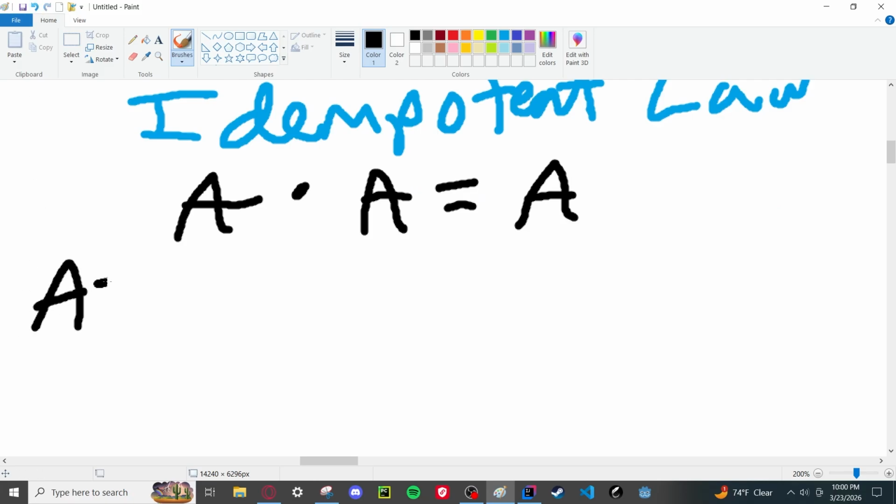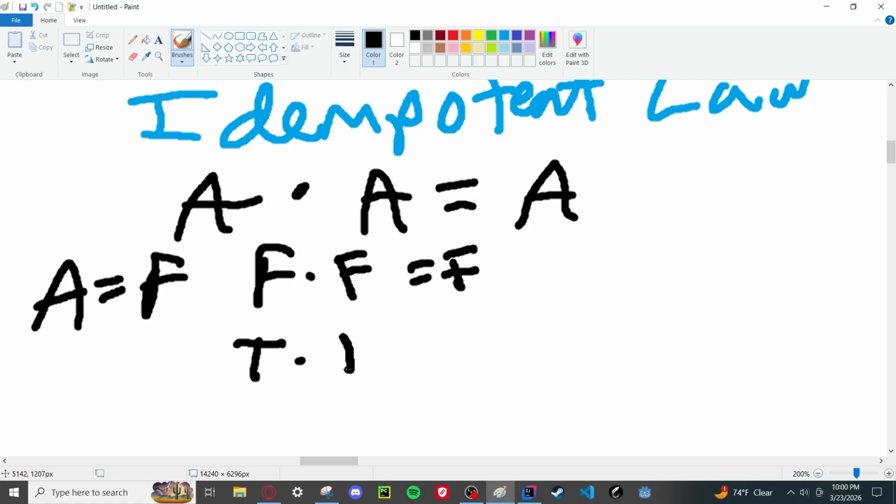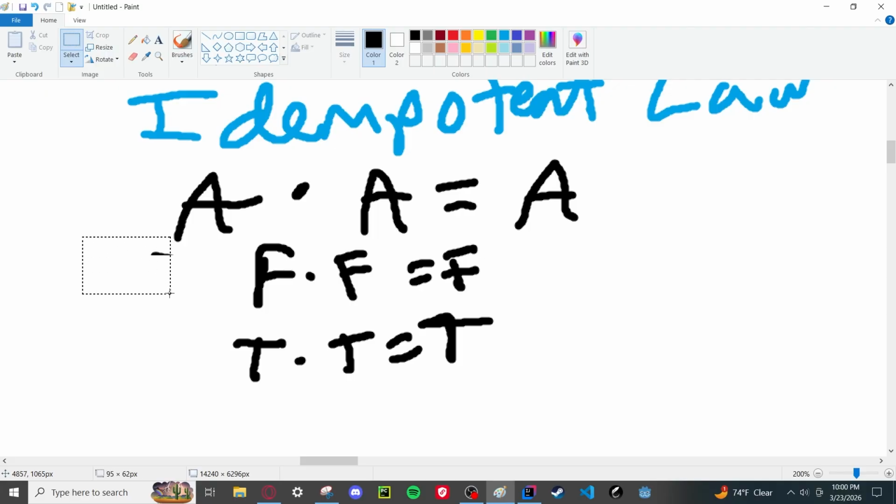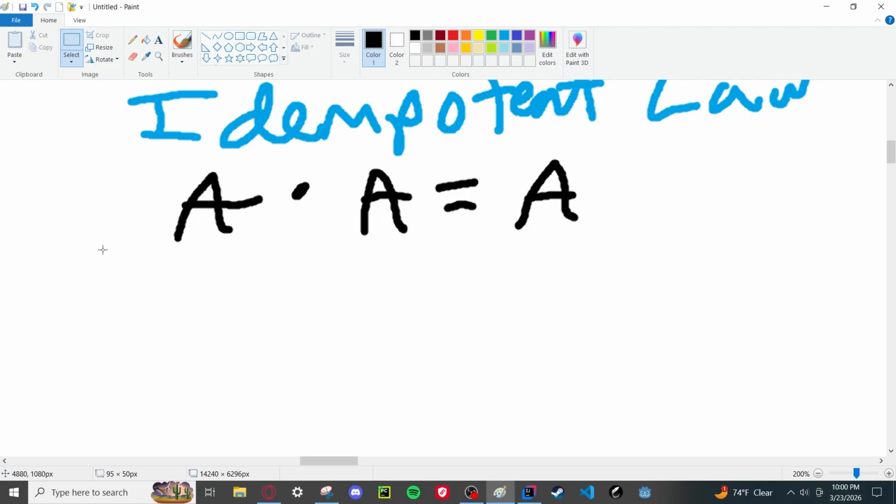So if your A is false, false and false is false. If your condition is true, true and true is true. So it's really just dependent on what A is, right? Because A is literally the only thing in your expression. So what else can it be to figure out your final answer? You know what I mean? It has to be based off A, which is what the idempotent law is saying.